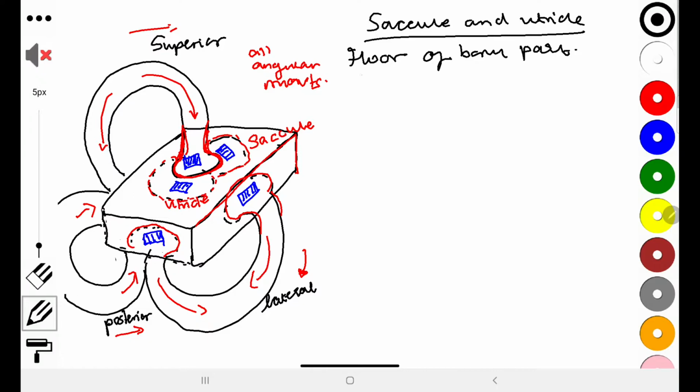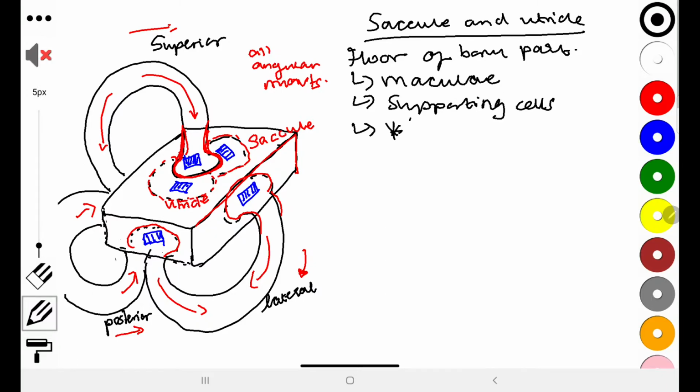And they use maculae as the sensory components. They also have support cells, and you will hear me make mention of hair cells.